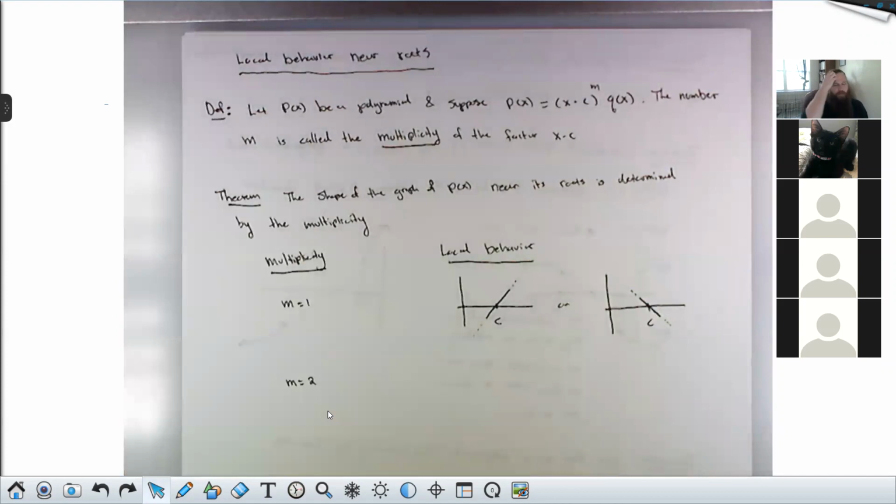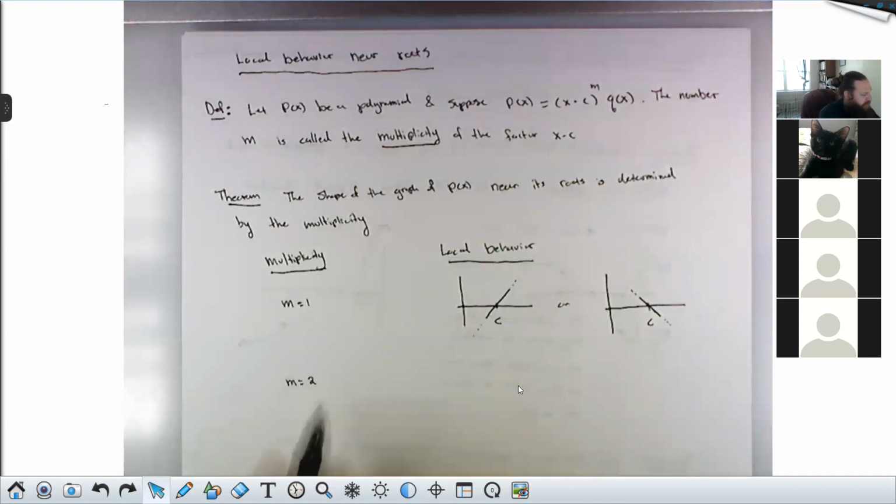But basically, the polynomial p of x will look like the parent function near 0 associated with that multiplicity. So like the parent function y equals x has a multiplicity 1 root at x equals 0. And that's just a straight line. You know what it looks like. It just crosses straight over the x-axis.